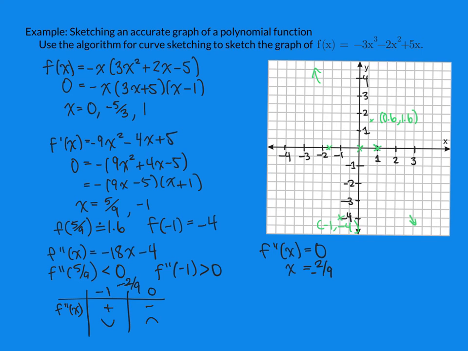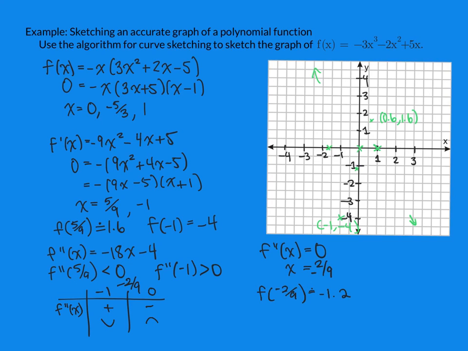So now we feel pretty confident here that there's a point of inflection at -2/9. So we want to know where that point really is. And it'll turn out to be at approximately negative 1.2. So that gives us one more point that we can use. So negative approximately 0.2 and negative 1.2.